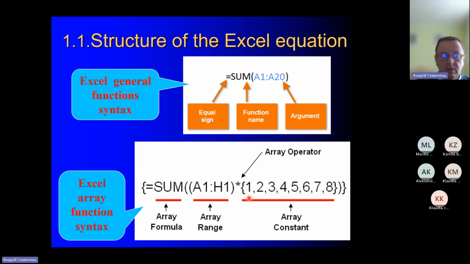So here we have a summation from A1 to H1 cells, which will be multiplied by the constants 1, 2, 3, and so on for each next cell. It is maybe a rare case, but useful as well.